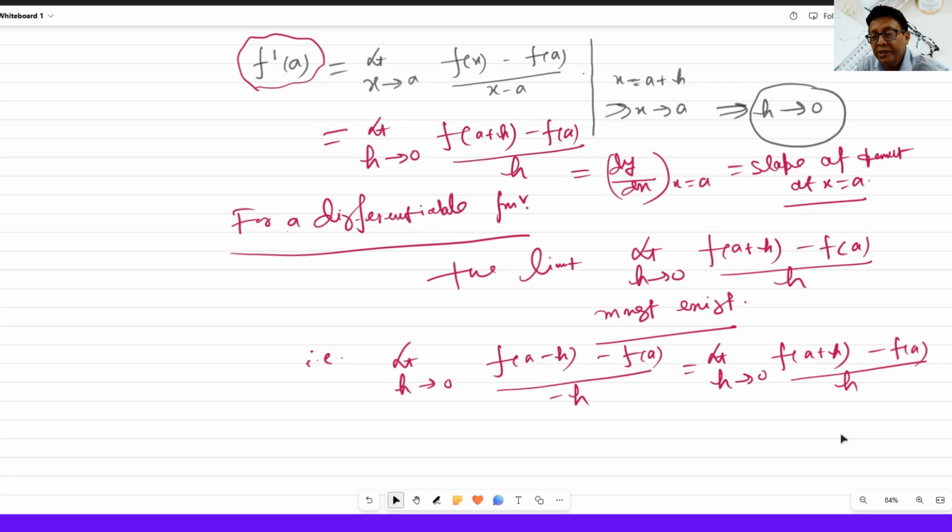These two must exist and they must be equal for differentiability at a point.